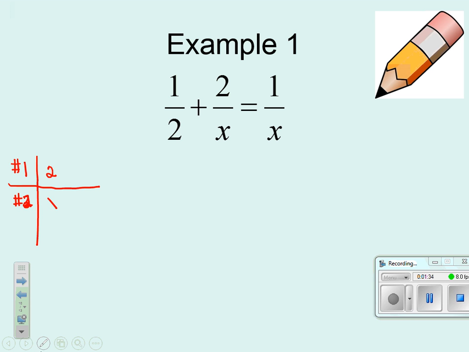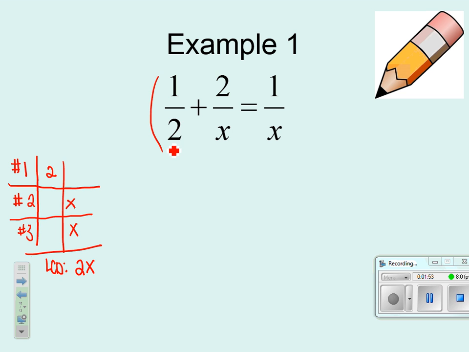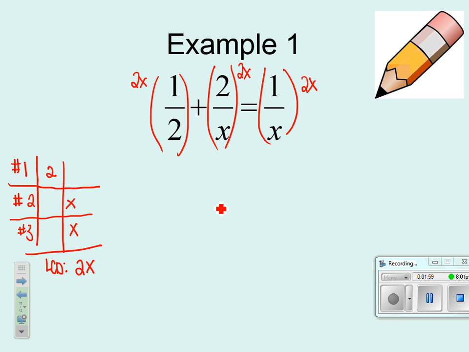X. What are the factors of fraction number 3? Also X. So the LCD is 2x. So I'm going to multiply everything by 2x. If I multiply everything by 2x, then hopefully I can get rid of my denominators.